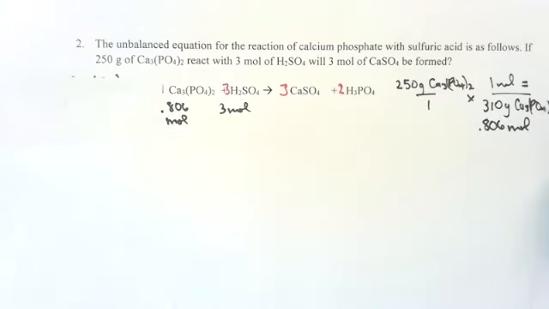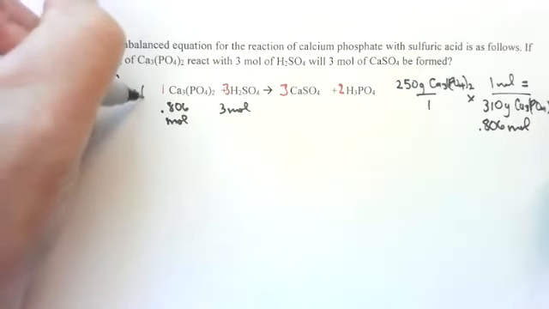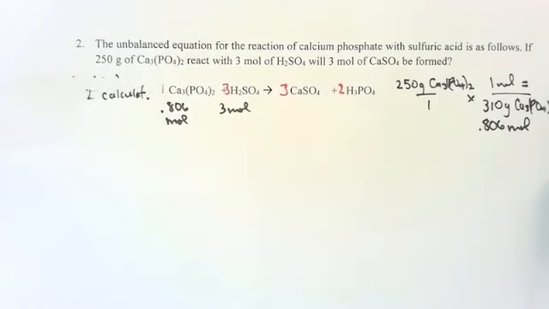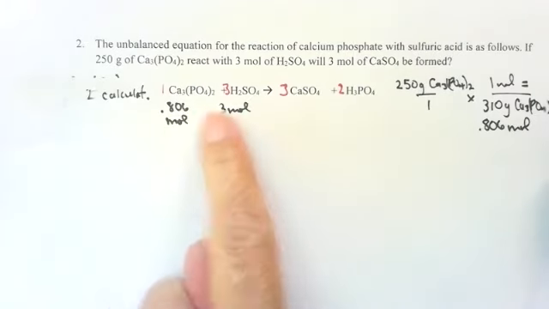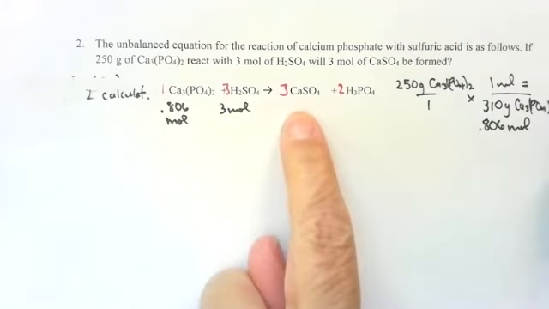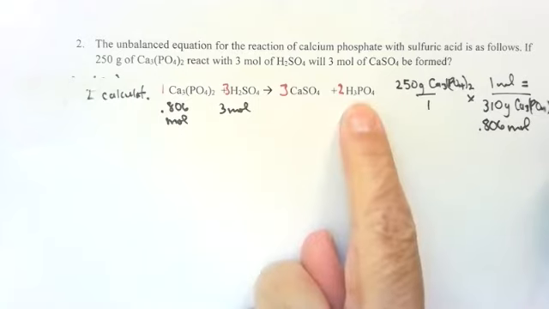And I want to know which one I'm going to run out of first. Well, we said in the last video, you have to do 2 calculations. Well, I have 2 products here. So do I do calcium phosphate and sulfuric acid to calcium sulfate, or do I do them to this phosphoric?